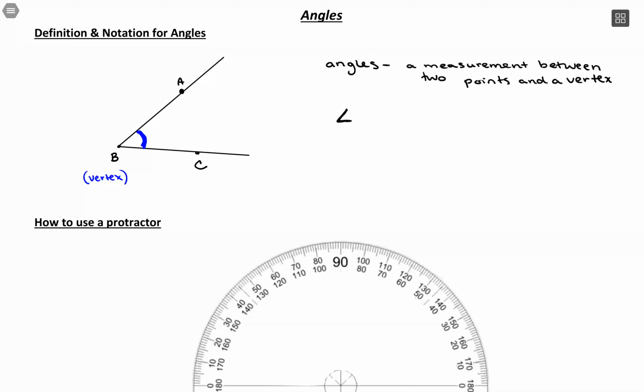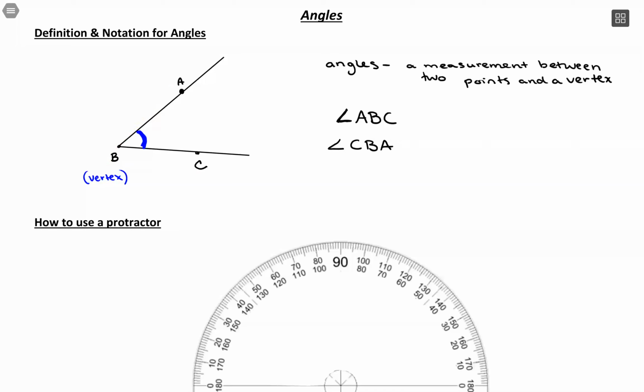So I could describe it as angle ABC. By describing it that way, it gives me the order to follow. So it's angle, and we're starting at A, going to B, and then ending at C. We could also describe this as angle CBA, and it would give us that same measurement. Starting at C, going to B, and then going from B to A would get us that same point.